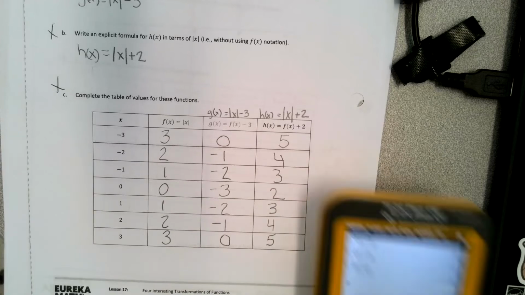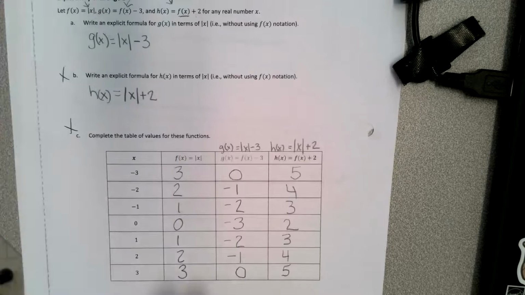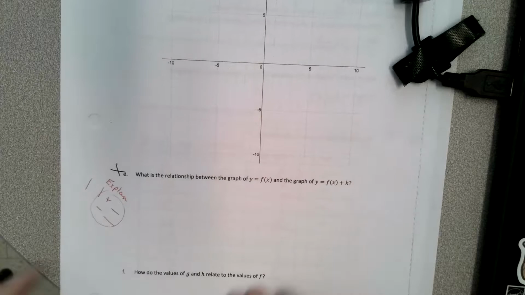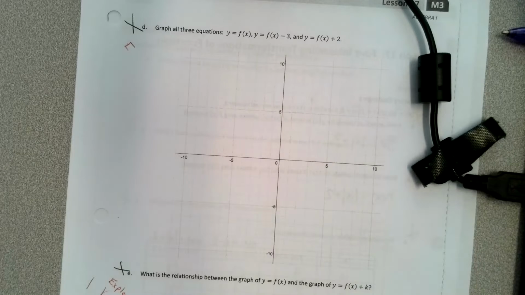Absolute value of negative 2 is 2, 2 plus 2 is 4. Absolute value of negative 1 is 1, 1 plus 2 is 3. Absolute value of 0 is 0, 0 plus 2 is 2. Absolute value of 1 is 1, 1 plus 2 is 3. Absolute value of 2 is 2, 2 plus 2 is 4, so on and so forth. And we fill out our chart.